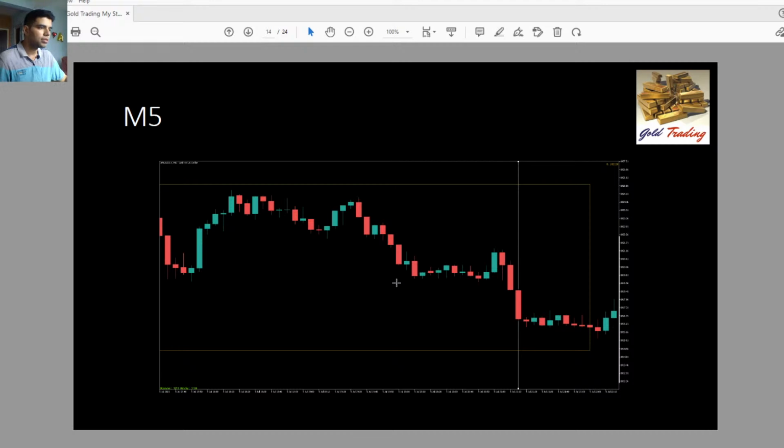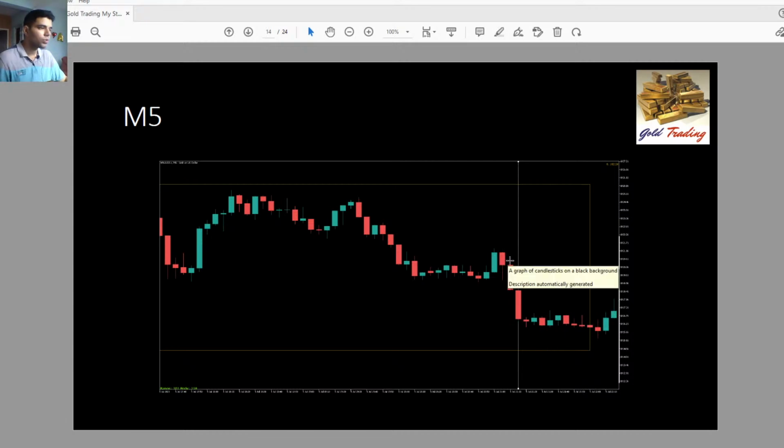But since there is a strong support, we wait for this support to breach and the candle to close below this support. We wait for this 5-minute candle to close, and then we enter at the breach of the low of this 5-minute candle. Okay guys, the breach of the low of this candle. So this is our trading candle. Okay guys, this is our entry.